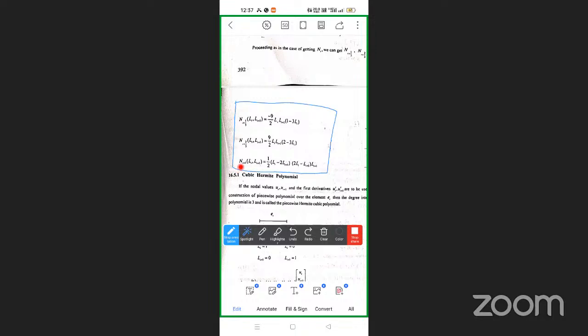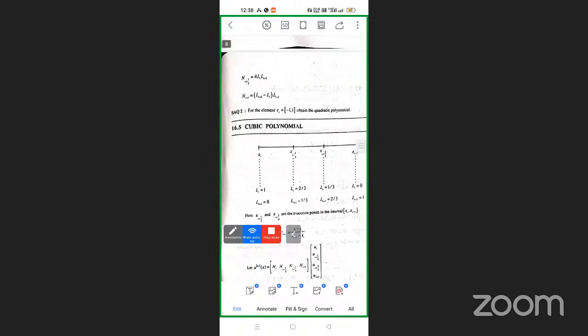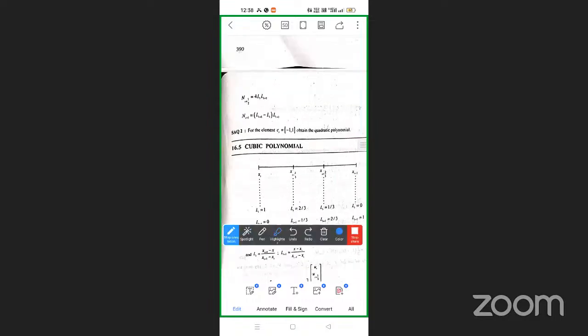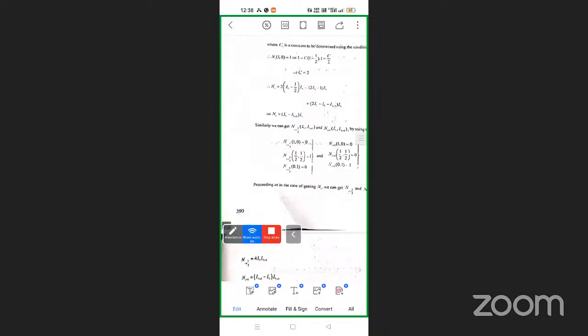Ni plus 1 of Li comma Li plus 1 is equals to 1 by 2 Li minus 2 Li plus 1 into 2 Li minus Li plus 1 into Li plus 1. So these are the formulas in cubic polynomial. So these are the formulas in quadratic polynomial. So these two formulas, and line segment formulas.